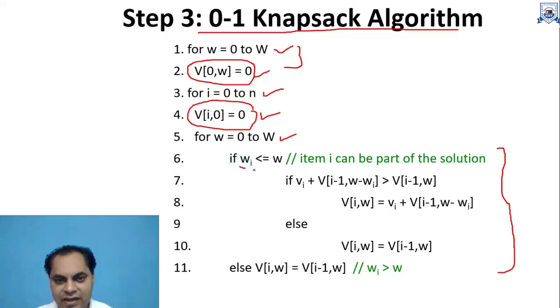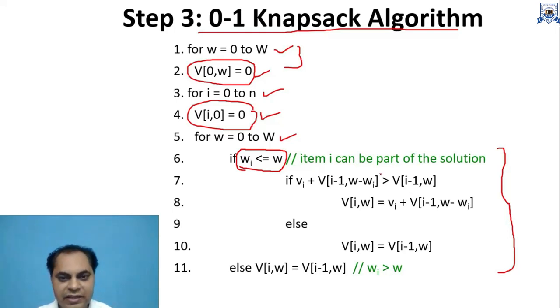If the ith item which is being considered has lesser weight than the current capacity of the knapsack, that means that particular item can be considered. And if it can be considered, then you have two choices.